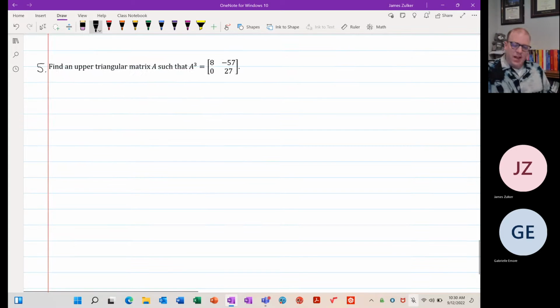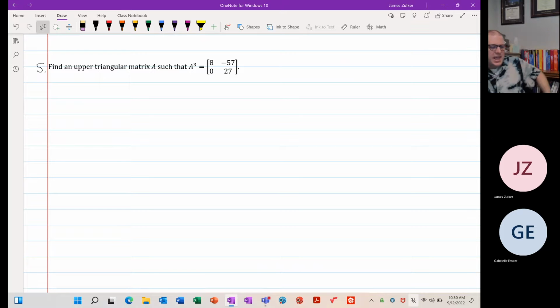What is the fifth one asking? Find an upper triangular matrix A such that A cubed is equal to that. All right, so what we do is set A equal to some arbitrarily chosen upper triangular matrix.